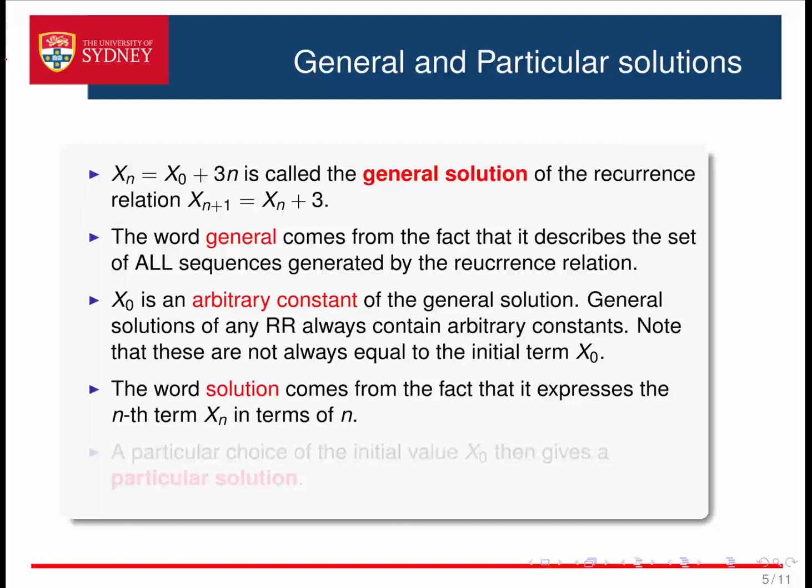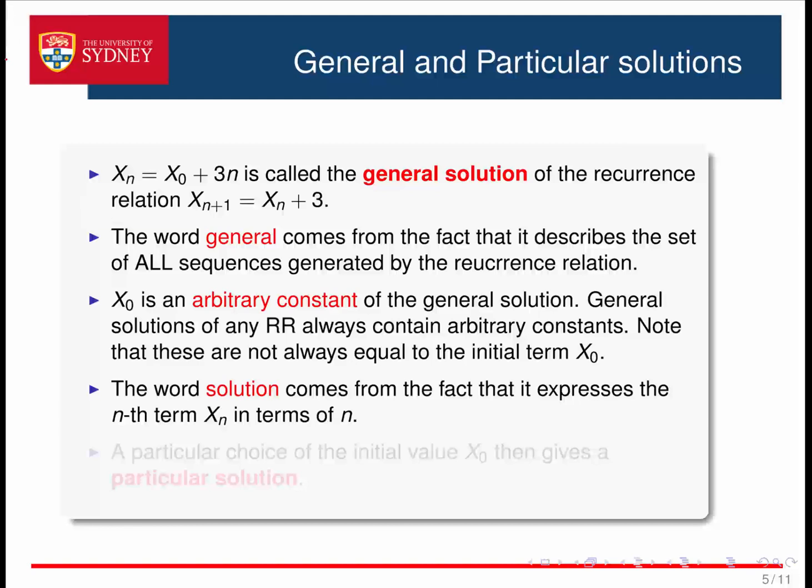The most important point to notice about the equation xn is equal to x0 plus 3n is that it allows us to calculate any term in the sequence by knowing the position of that term n and one past term, x0, although it doesn't always have to be x0. For example, we can calculate the 100th term without having to calculate every one of the terms beforehand.